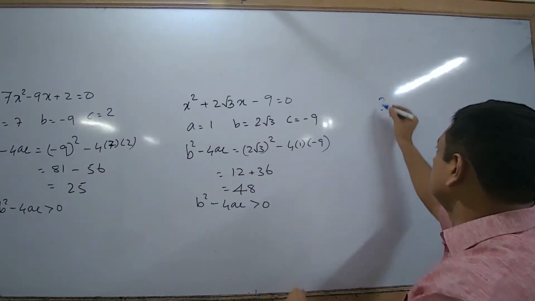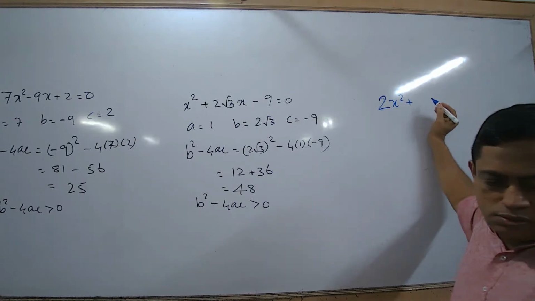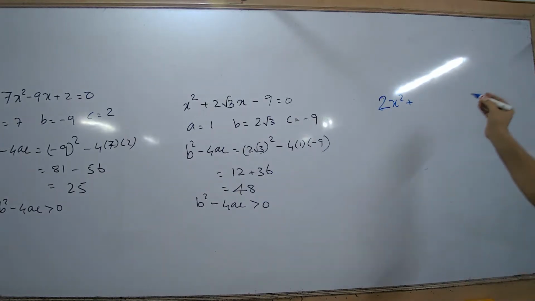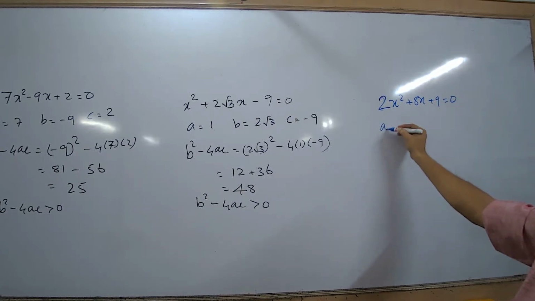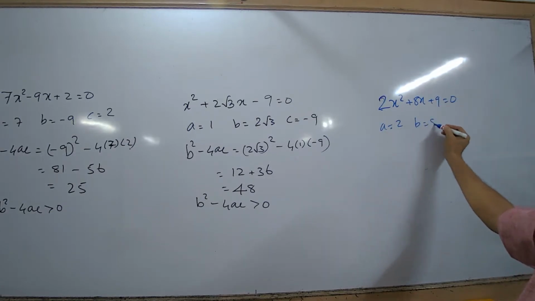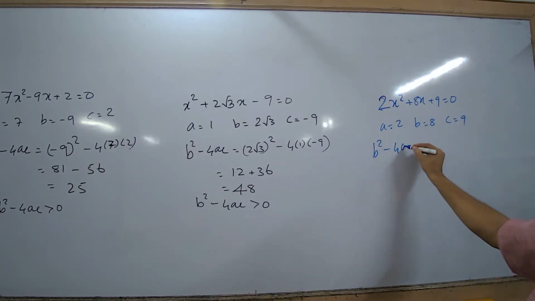2x square plus 8x plus 9. a is equal to 2, b is equal to 8, c is equal to 9. Again find out b square minus 4ac.